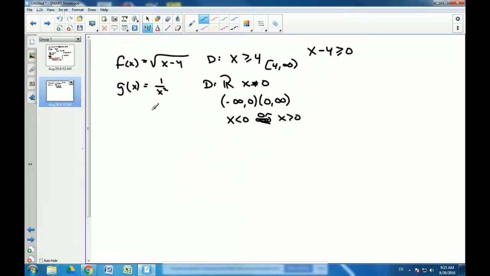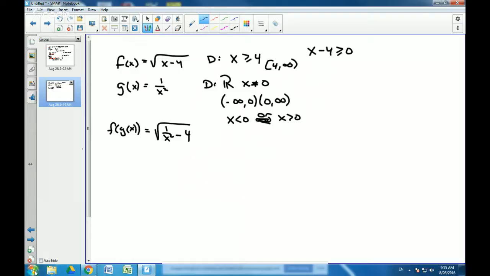So when we do a composition, we have to consider these two. If we're asked about the domain of f of g of x, these still come into play. So f of g of x is this.